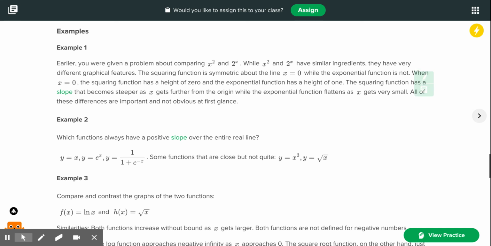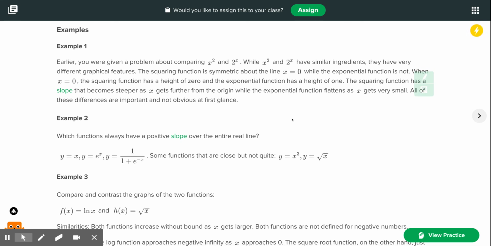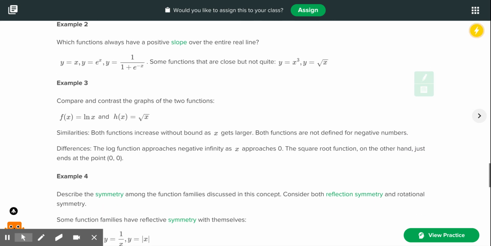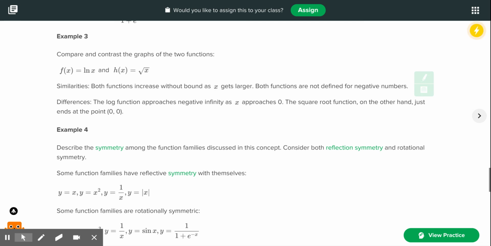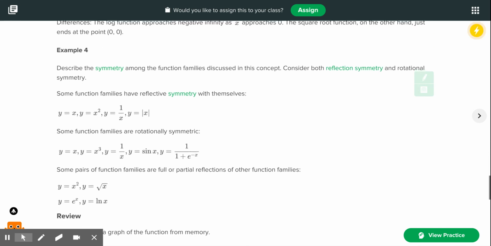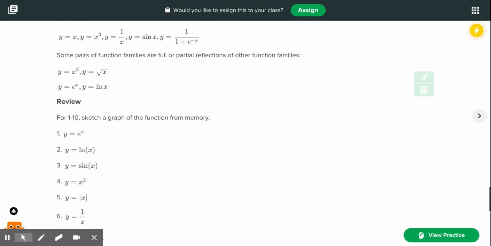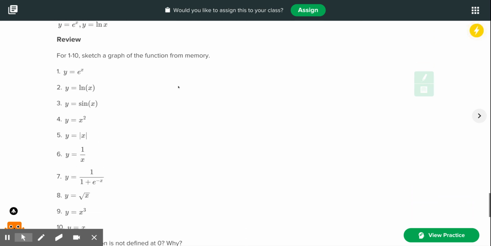And then you'll see some different examples. And so I'd encourage you to go through these examples and kind of read through them the best you can. They give you some different ideas there. And feel free to use Desmos or a graphing calculator as you go through these. That will help. There are some review problems. Now, if you care to do these review problems, you certainly can.